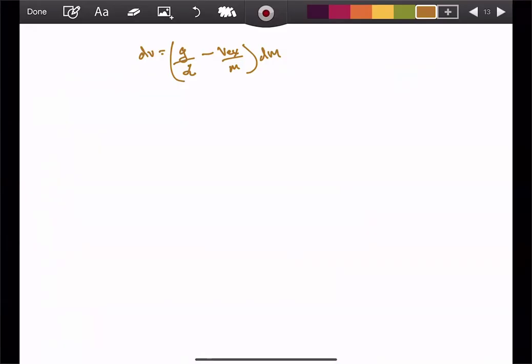So this tells me then that integrating both sides, I'm going to get v minus v initial from the left-hand side, which is going to be equal to g over alpha integral from my initial mass to my final mass of simply dm, plus v expulsion integral dm over m from my final mass to my initial mass.